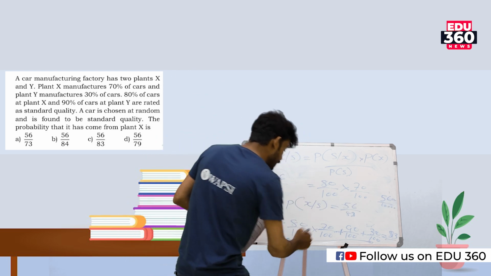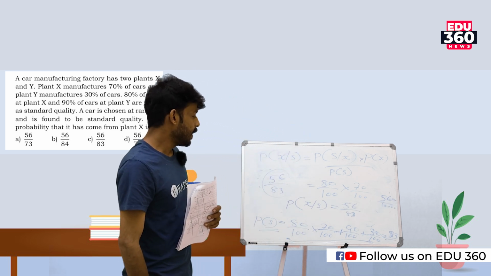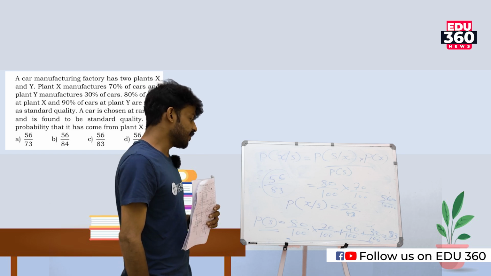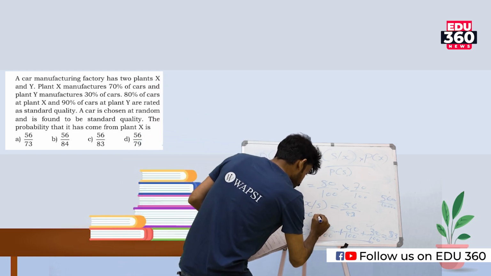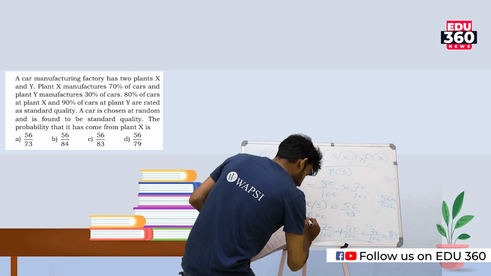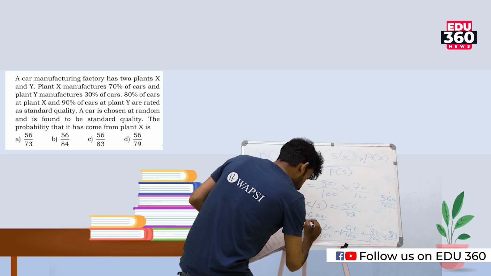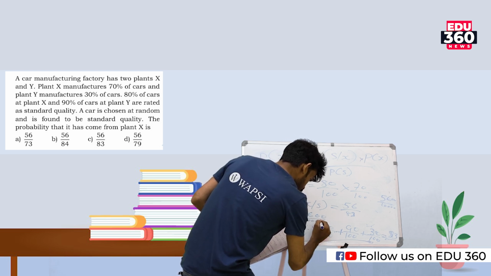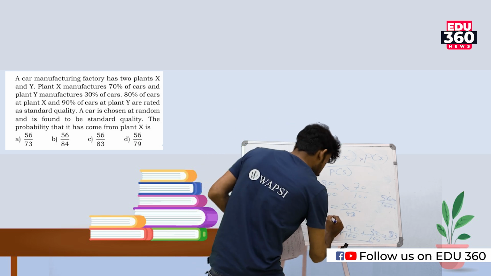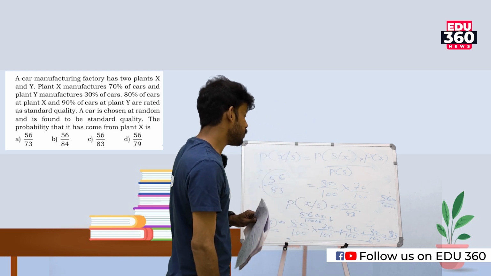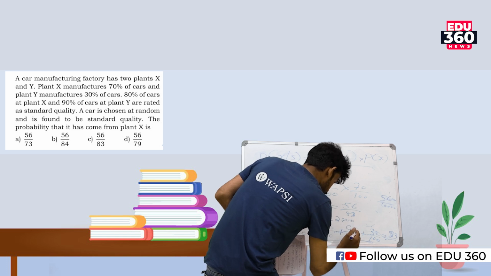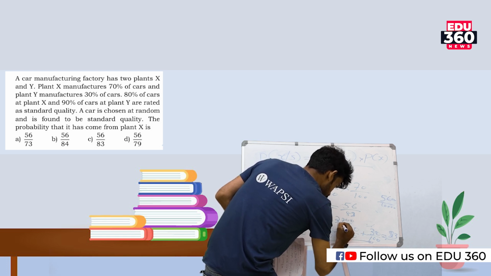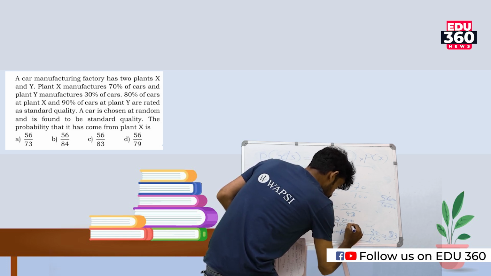Yes, wait a second. 18 by 100 into 70 by 100. Okay, so for this one also we can write 5600 divided by 10,000.